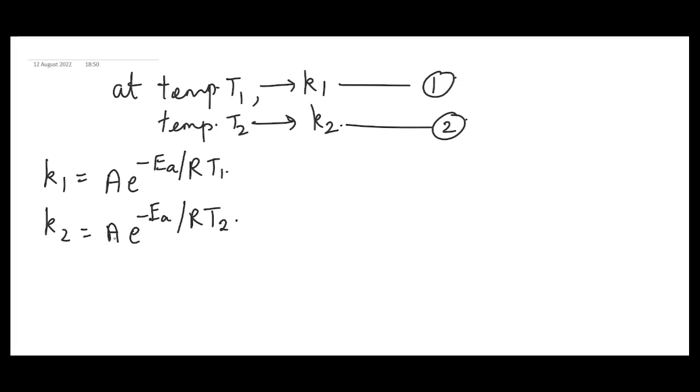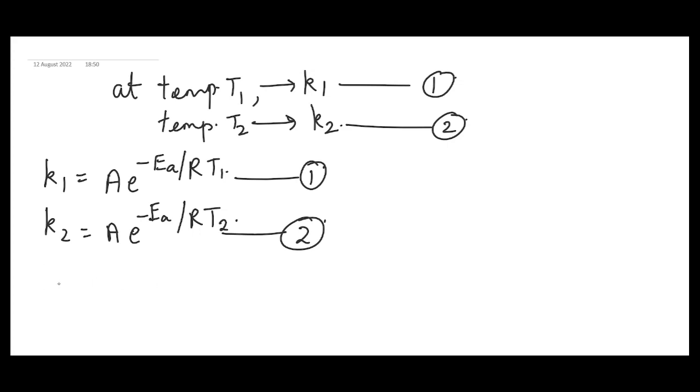It is constant, and the value EA also doesn't change. There are a few dependencies for EA too, but in this case only temperature changes, so EA doesn't change. Now let us name this equation 1 and the second equation 2.